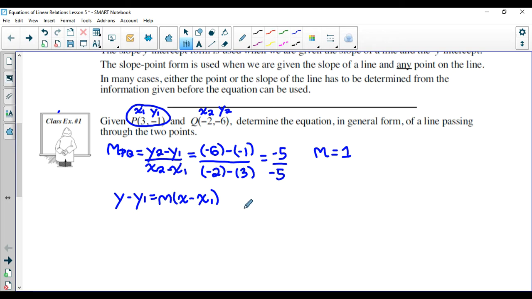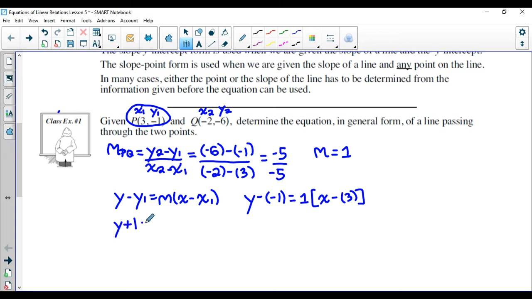Either of those would work, because both those points are on the line. So let's put the numbers in here. We'd have y minus y1, subtract -1, equals m, which has a value of 1, multiply by x subtract x1, and the value of x1 is 3.